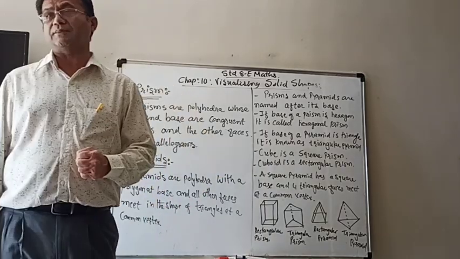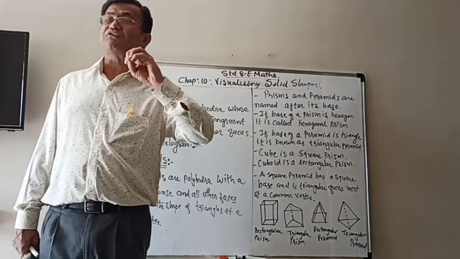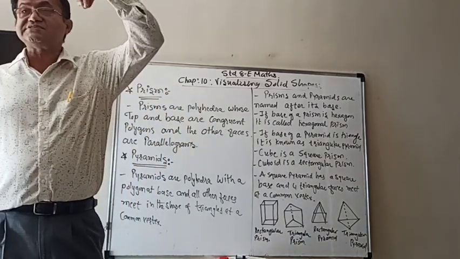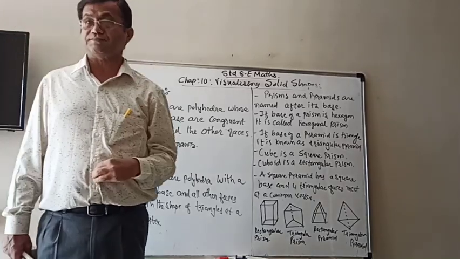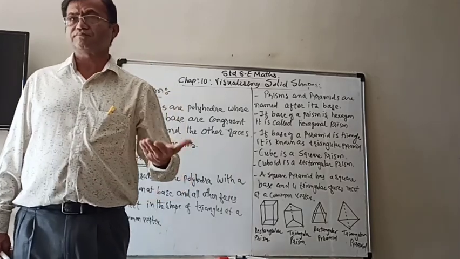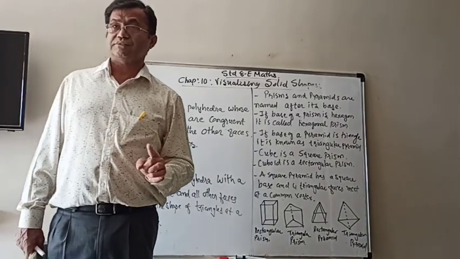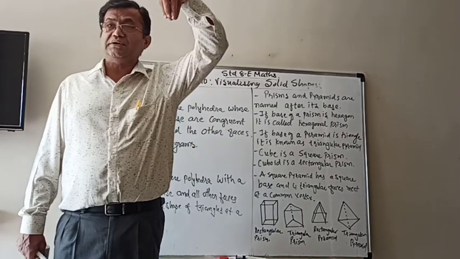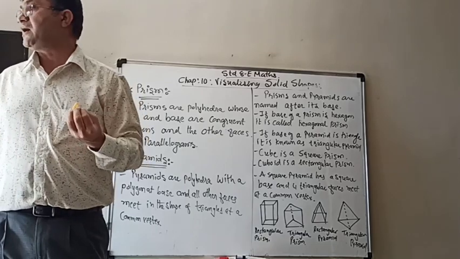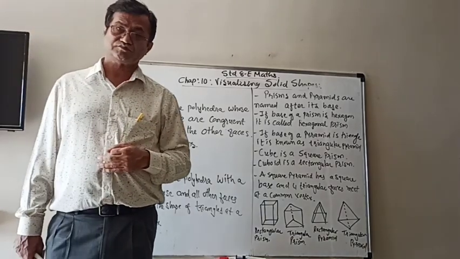The other faces are triangles and they meet at a single common vertex. So one base is a polygon and all the other faces are triangular and they meet at a common vertex. Then that type of object is known as a pyramid.